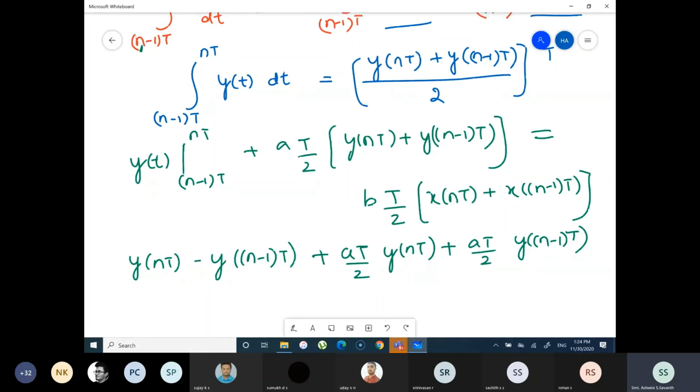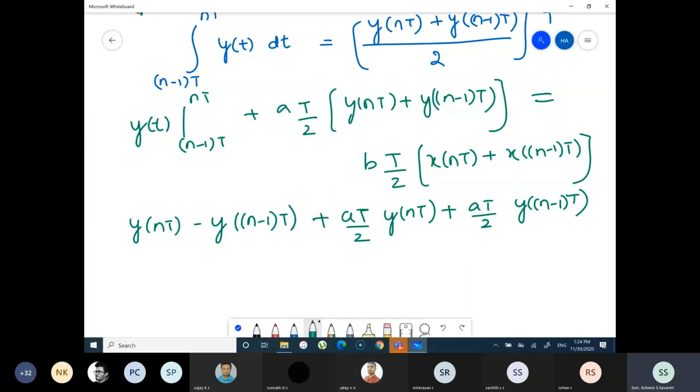Okay, right hand side, bt by 2 x of nt plus bt by 2 x of n minus 1 into t.